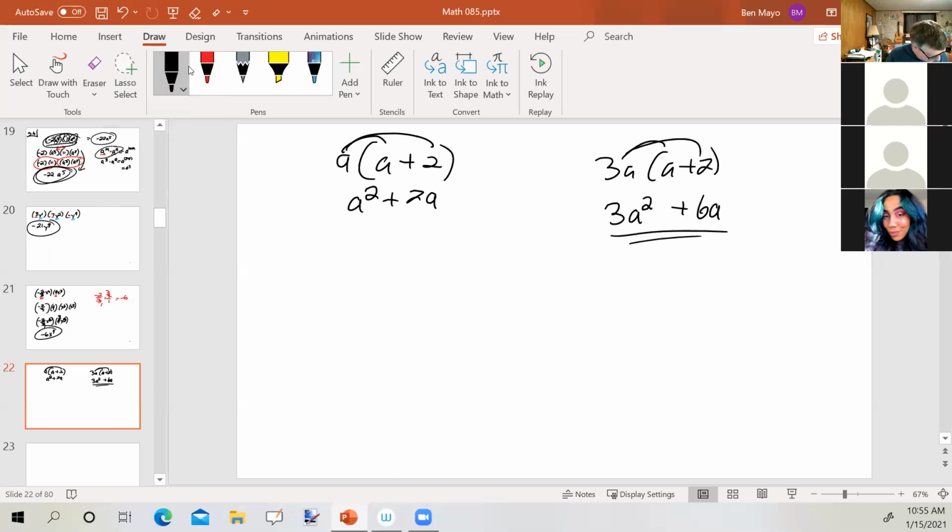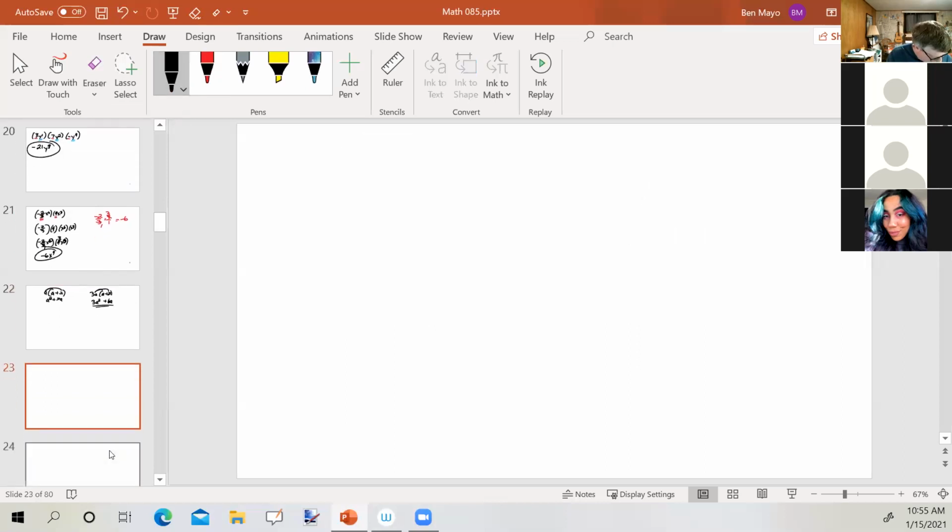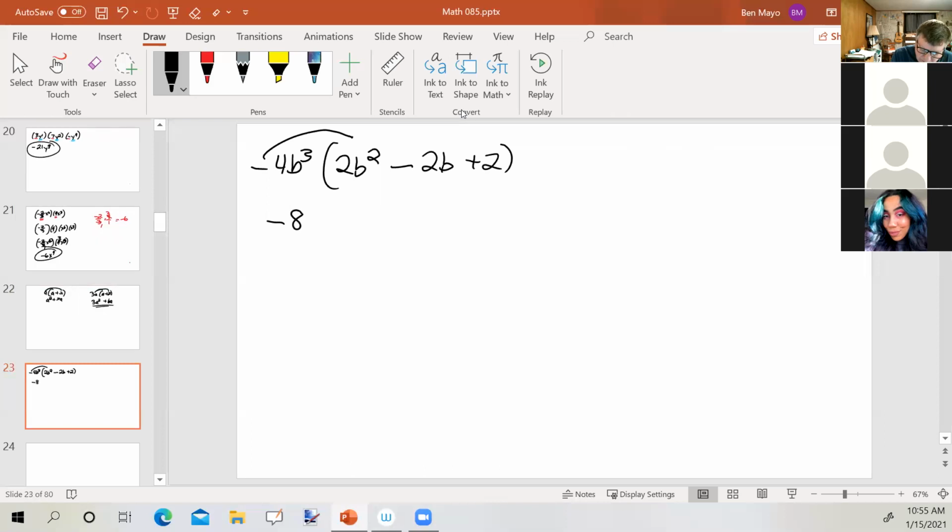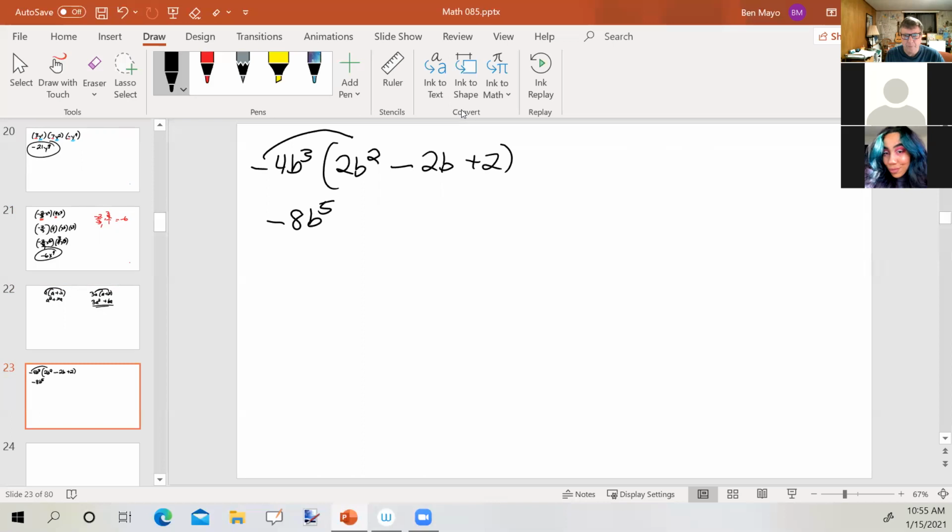All right. Let's say I've got negative 4b cubed times 2b squared minus 2b plus 2. So distributing, I'm going to take negative 4 times 2, which is negative 8, b cubed times b squared, which is b to the 5th.